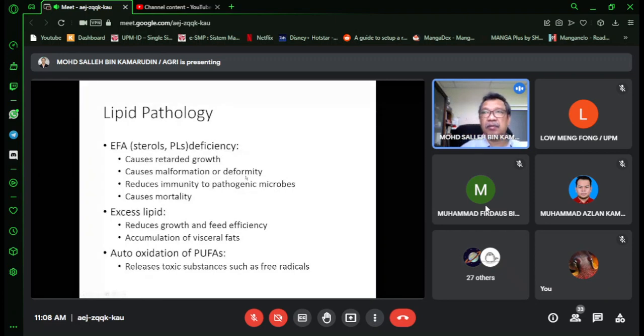So if you see any deformed fish, recently somebody posted that a kelah fish has a deformed mouth, the mouth is just small.